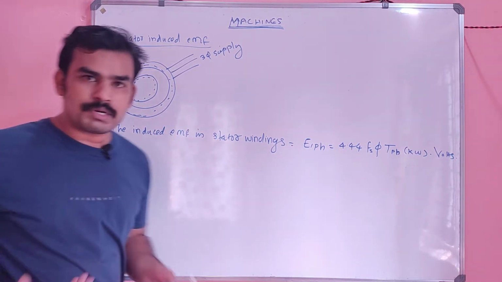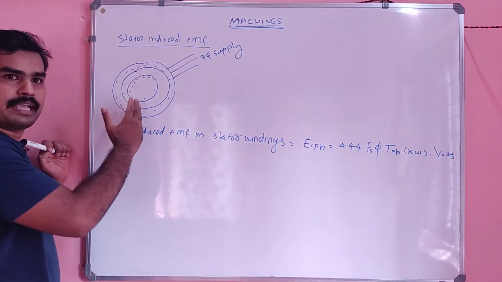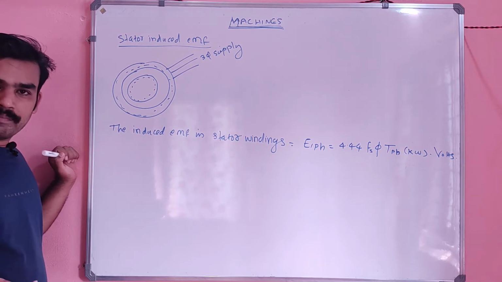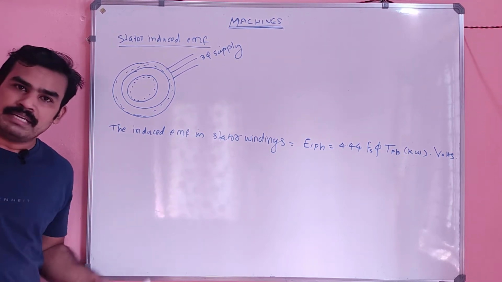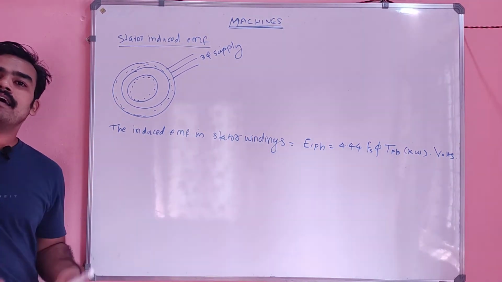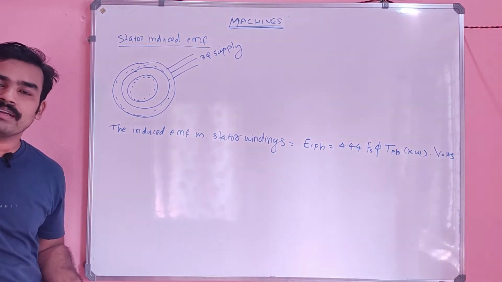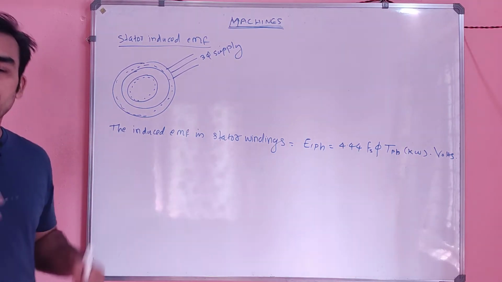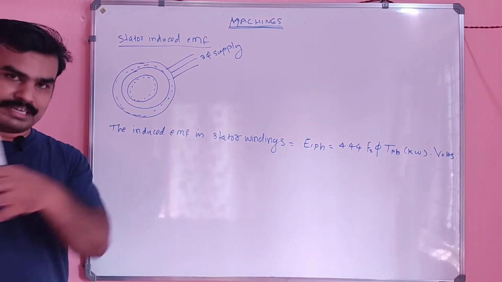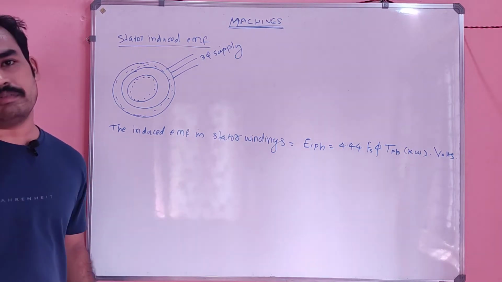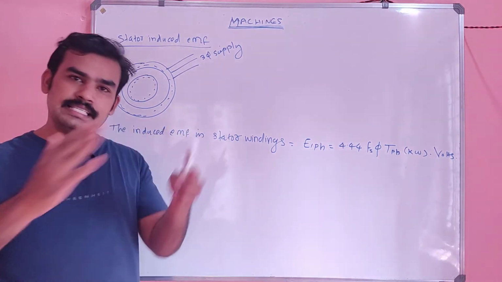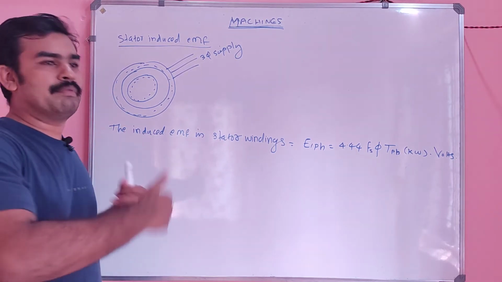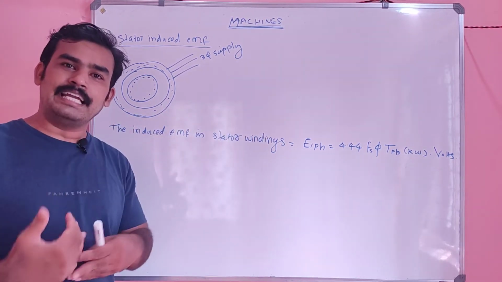See, these induction machines can be considered as a rotating transformer. It's a one word question. The 3-phase induction machine can be considered as a 3-phase rotating transformer. At a standstill condition, the machine exhibits the same behavior as the transformer. In a transformer there are primary and secondary windings; here it is stator and rotor.